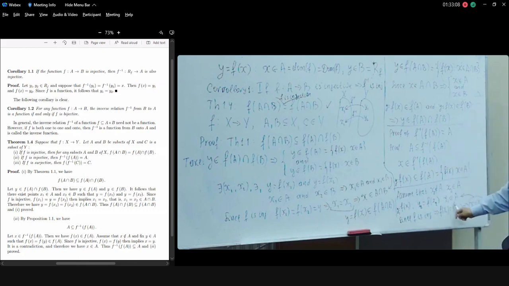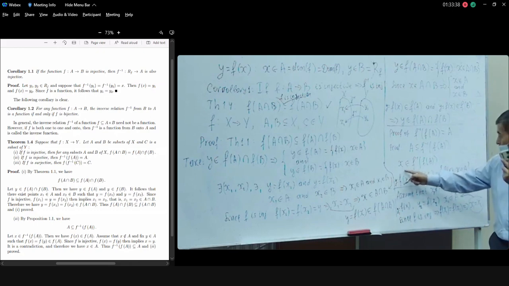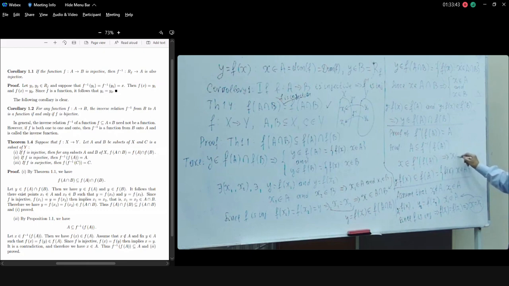If x1 belongs to A, then this injectivity implies that an element of x belonging to the right side implies x belongs to A as well.